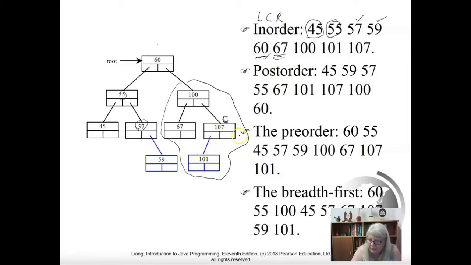So every time our current moves really to the position where we are going. So therefore it is 100, 101, and then 107. So whenever you can go left, you go left. If you cannot go further left, you go back to the current, to the parent, before you go right again.